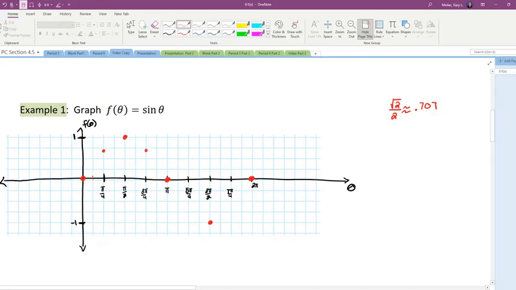So I'm just going to estimate and scoot it over a little bit. A little bit there is going to be a half. And if I go over here, not a full step, because that would be another 22.5 degrees, we're only going 15 degrees. So that would be root 3 over 2.